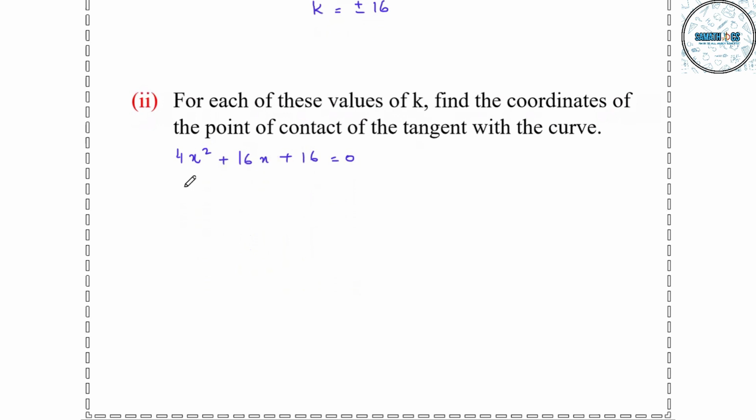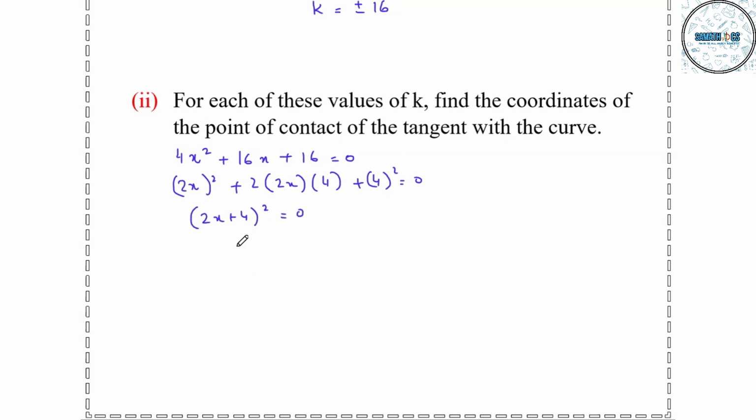We can solve it using an identity. We can write it as 2x squared plus 2 into 2x into 4, then plus 4 squared. So we have here 2x plus 4 whole squared is equal to 0.